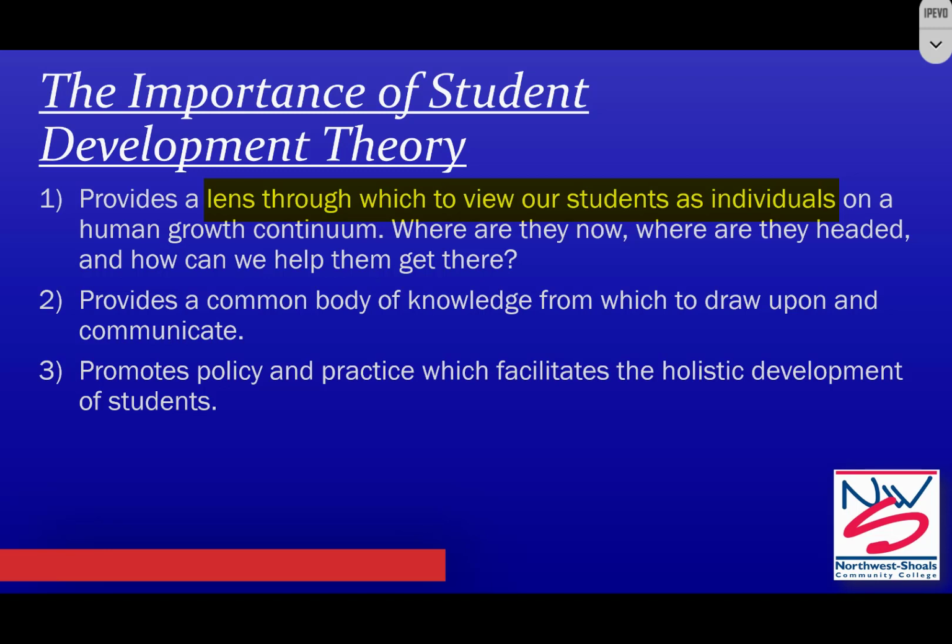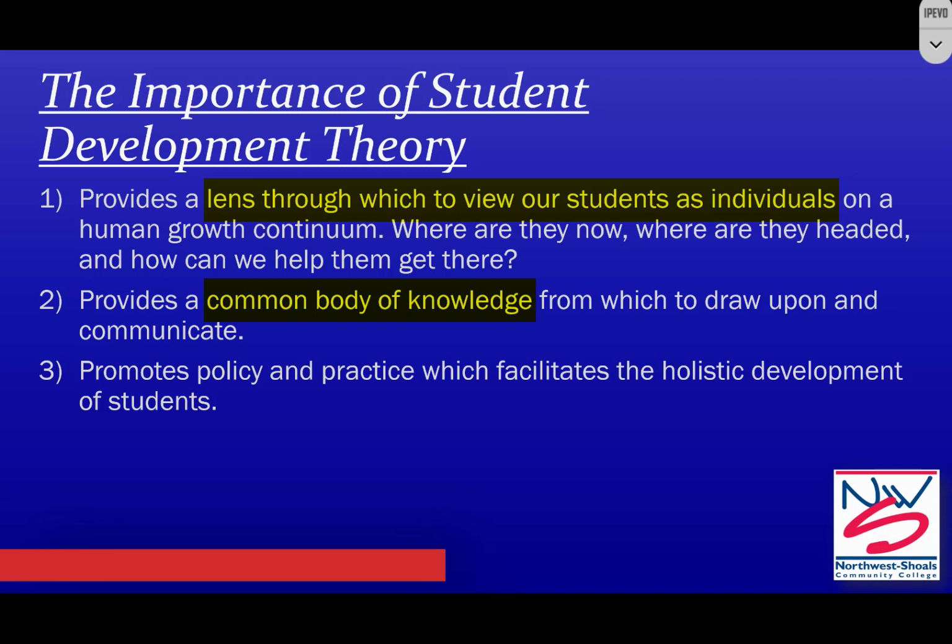It provides a common body of knowledge for us to be able to communicate across the institution. So this way, faculty and advisors and counselors and student success personnel, if everyone knows a little bit about student development theory, then we don't have to sit around throwing out again, which vector of Chickering's stages do you think this student is at, or in what position of knowing from Perry's theory do you think this student is at?